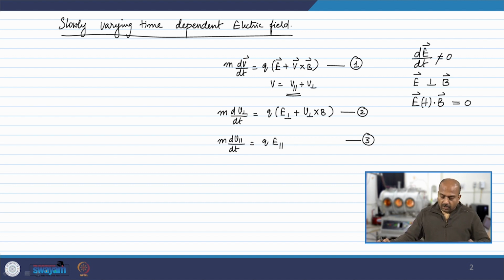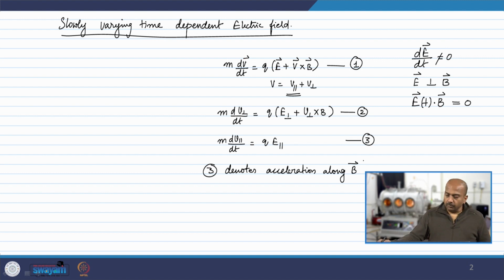Now, equation number 3 denotes acceleration along the magnetic field.